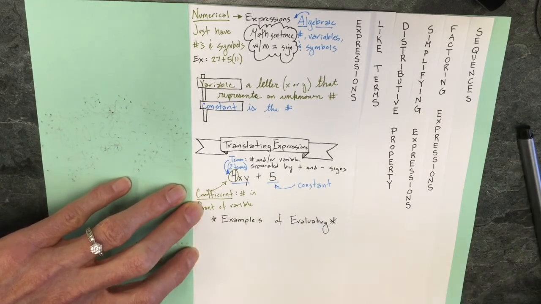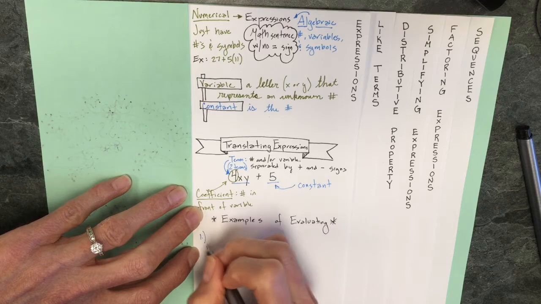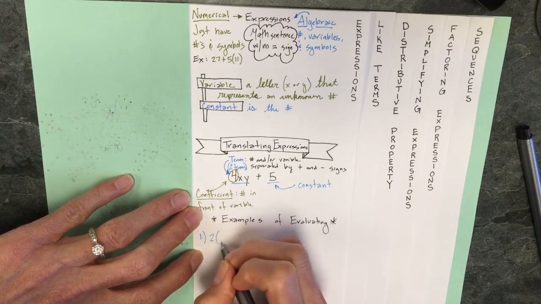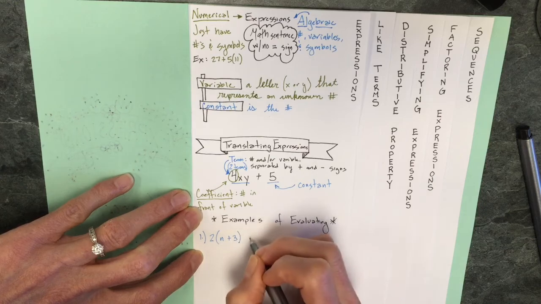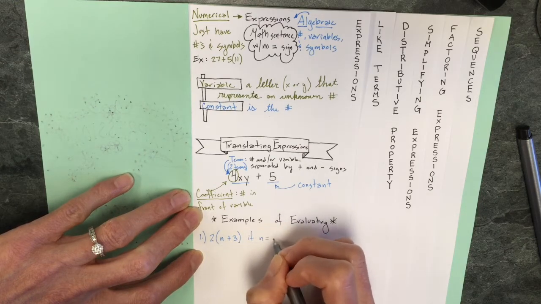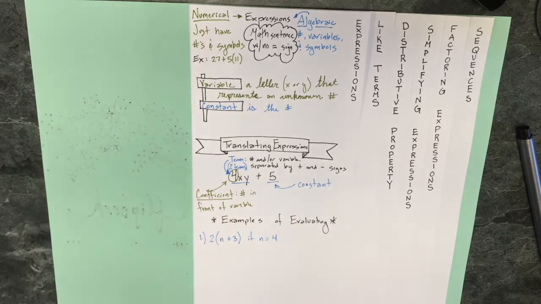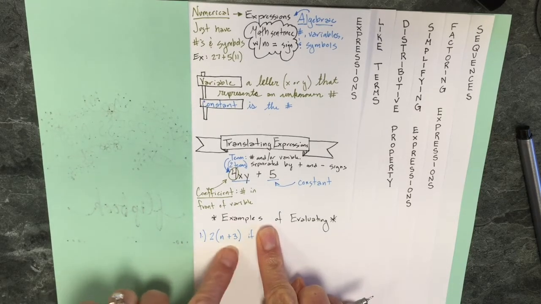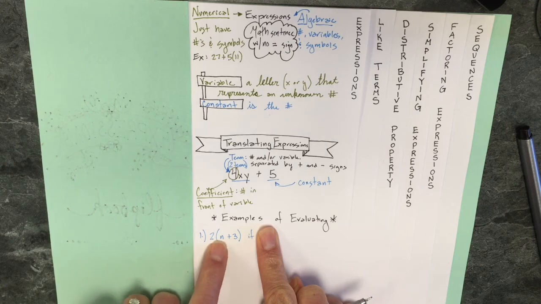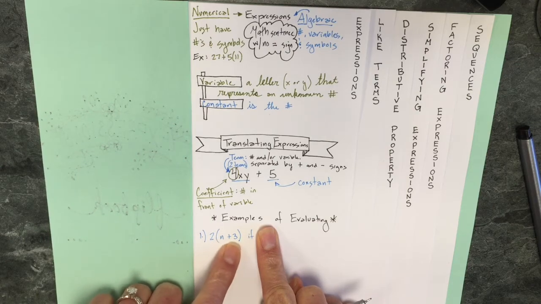So here's our first one: 2 times n plus 3 if n equals 4. If I didn't know n equals 4, there's not much I could do to simplify this, because I can't add what I don't know to 3.